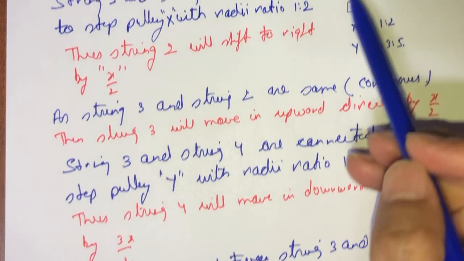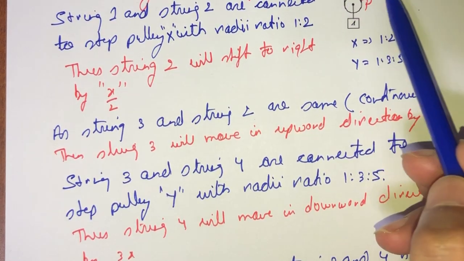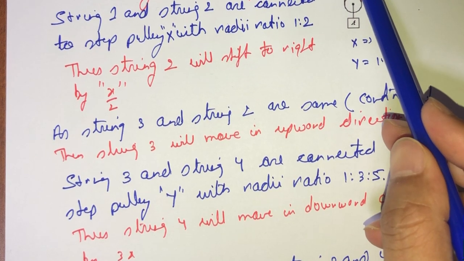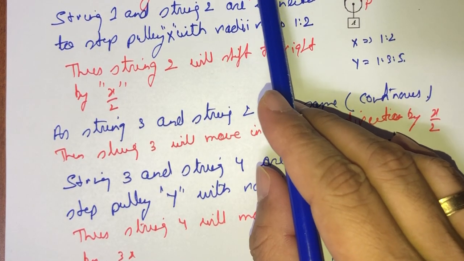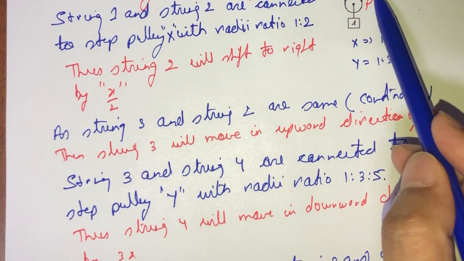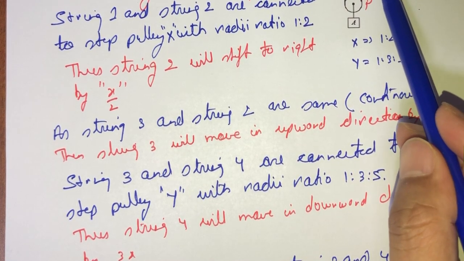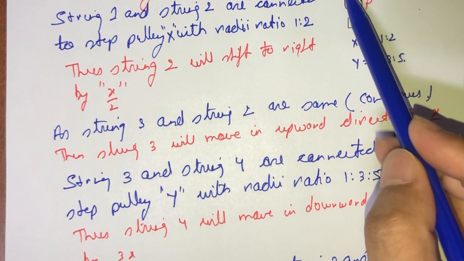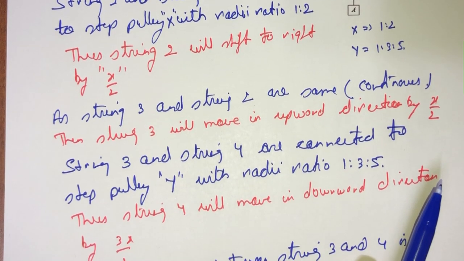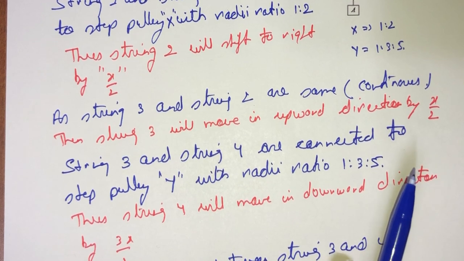Now string 6 is connected with the pulley Y, and the ratio is given as 1:3:5.